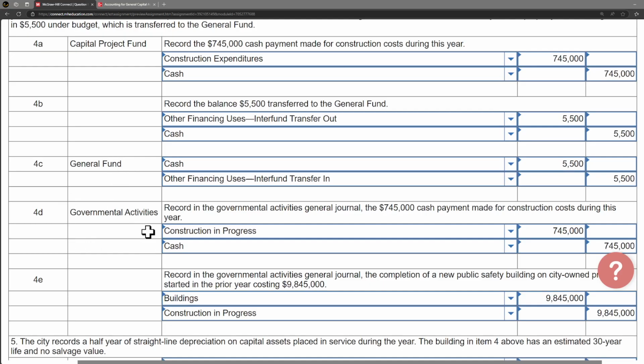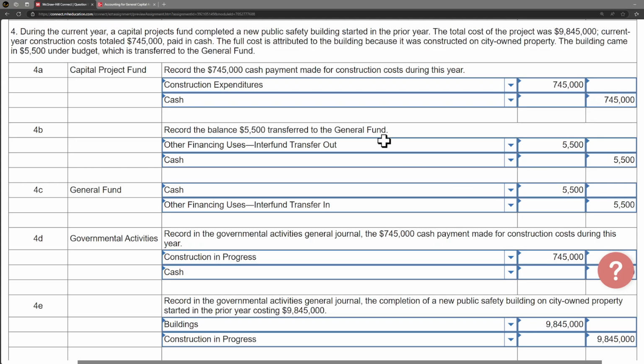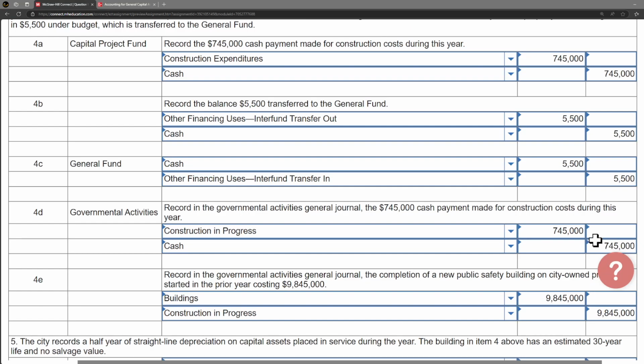So let's take the governmental activities because typically we're more familiar with GAAP accounting. So here, each year we're spending cash. This year we spent $745 in construction costs, and we added it to our ongoing construction in progress asset. Now, this construction in progress asset, because we completed it this year, this 745 kept being added on to previous amounts, and the total amount is this 9,845.